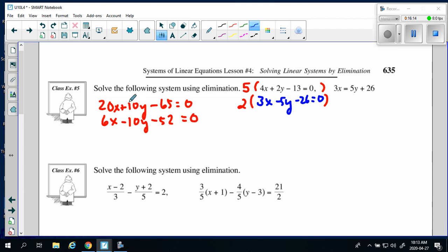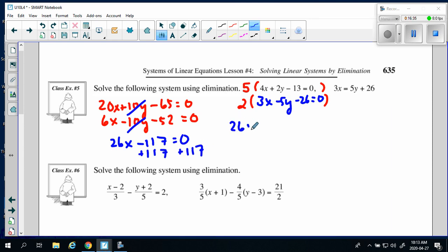So that works out. Positive 10 and negative 10, if I can just add them together, will work to eliminate that. So 26x minus 117 equals 0.